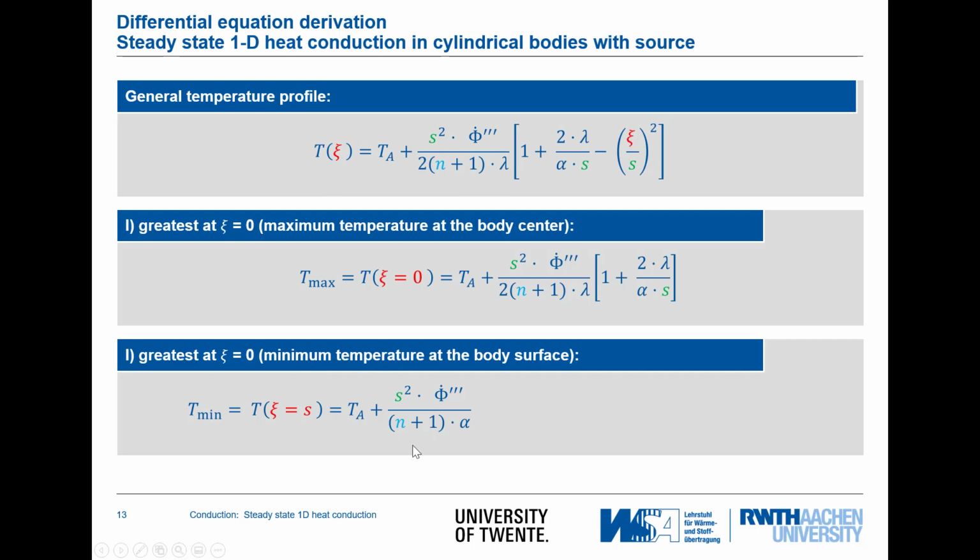In this case we obtain again the temperature for the outer surface, and this outer surface temperature is of course the same as we have used in our boundary condition, where we used the temperature at this location as a boundary condition for the solution of the problem.